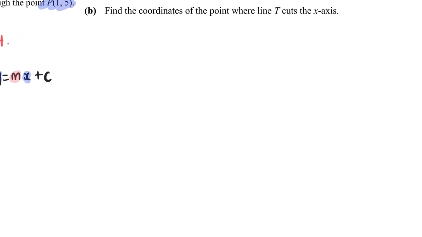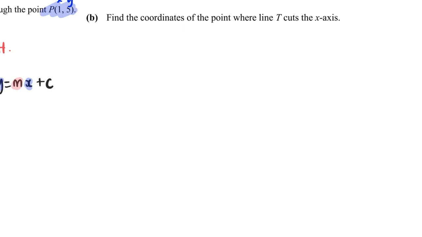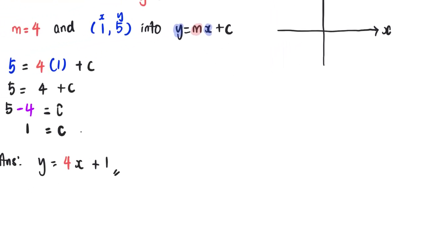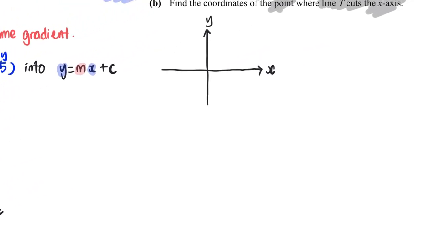Moving on to part B, then they tell me that there's this point where line T cuts the x-axis. So if I were to do a rough sketch of this line T, from the previous part, I would have gathered that the y-intercept is 1.